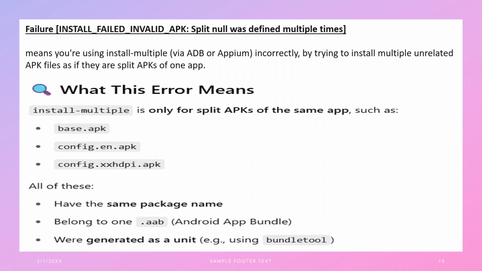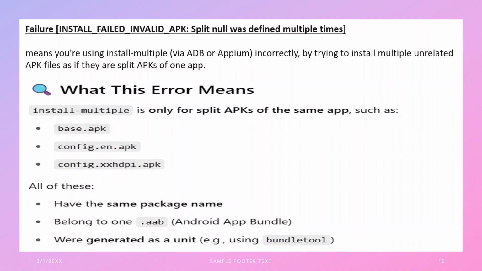Suppose in our project we have apps with the same package name that belong to one Android App Bundle, then we can install any number of APKs. It is not restricted to only three. You can install any number of APKs in one go.